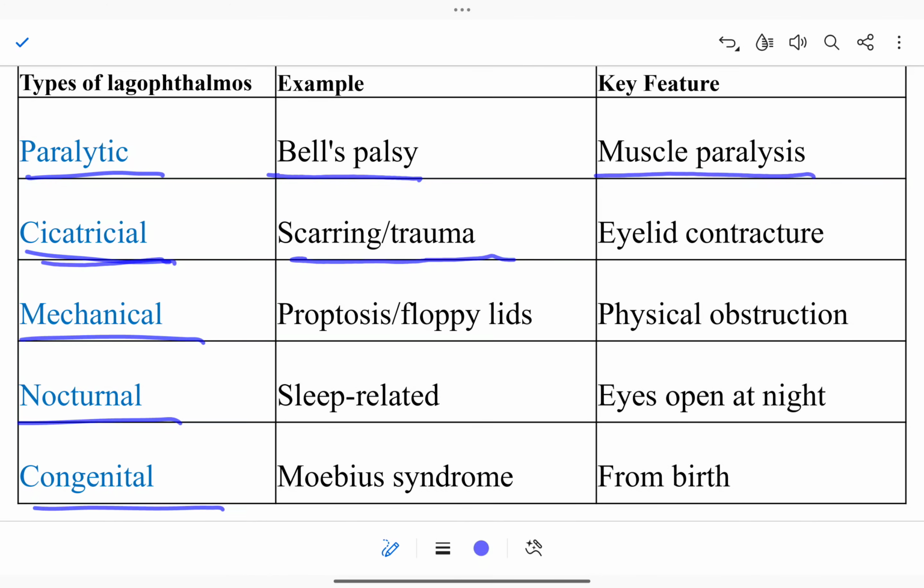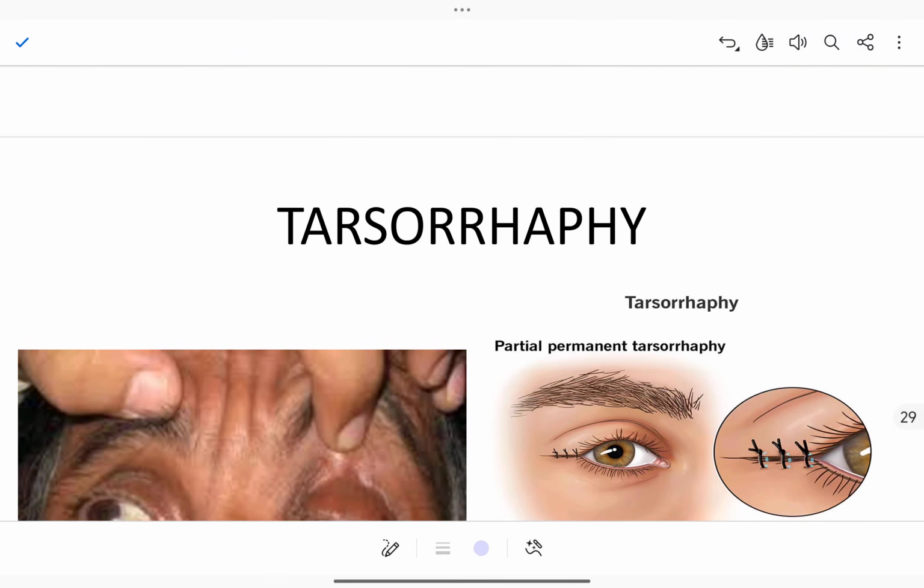Cicatricial: scarring and trauma, eyelid contracture. Mechanical: proptosis or floppy lids, physical obstruction. Nocturnal: sleep related, eyes open at night. Congenital: Mobius syndrome, from birth.